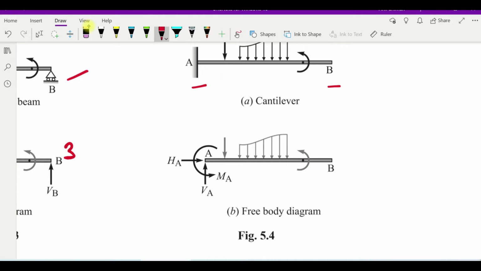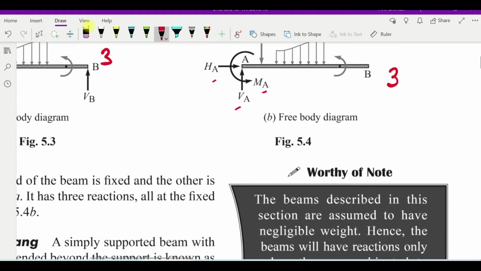So there is one vertical reaction, one horizontal reaction and one moment. And end B is free, so no reaction will be developed at the free end, and the total number of reactions developed will again be 3. The horizontal reaction will only be developed when we have any horizontal load applied on this beam.